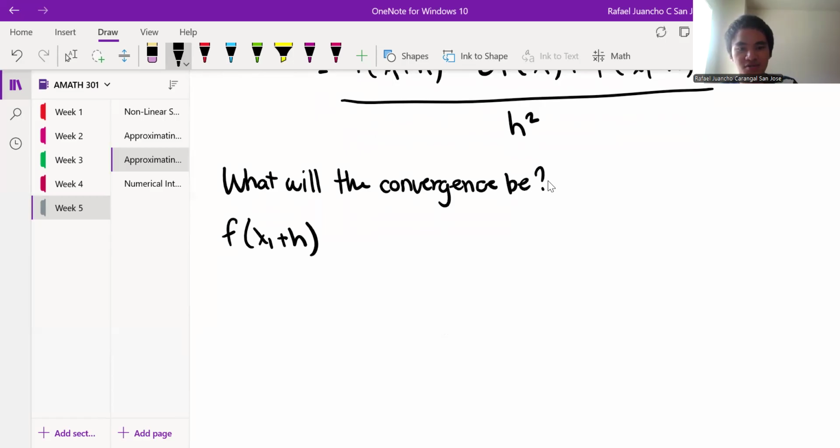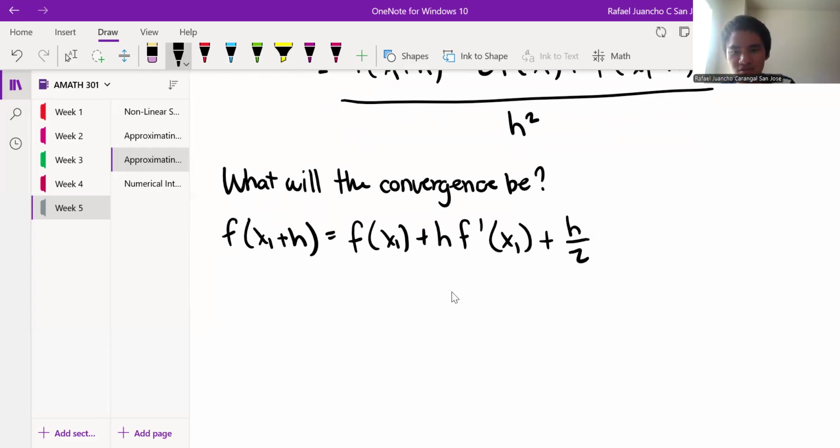Doing a Taylor approximation would be like this: f of x1 plus h, then the derivative of this thing, and then h squared over 2, then my second derivative at that point, and then the cube term, and then the fourth, and so on and so forth.